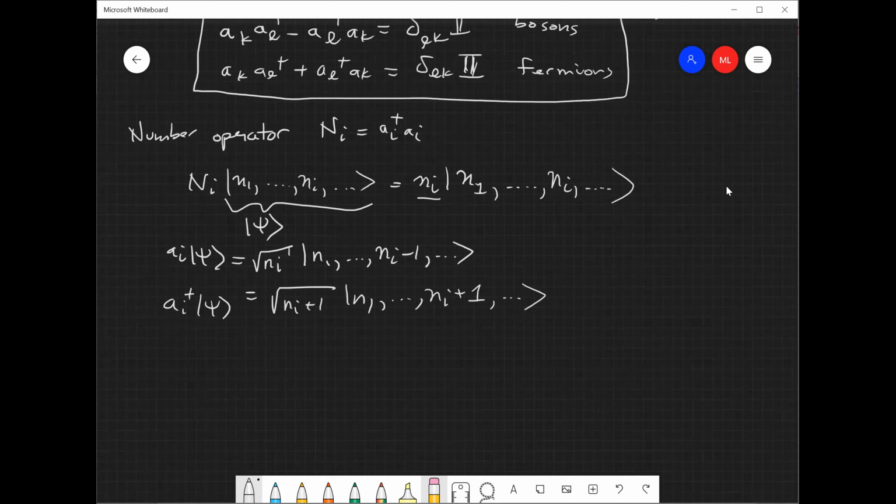And then if you want to figure out what happens, you just commute the operators around. That's the kind of thing you do with these multi-particle states in the second quantization formalism. So what do I mean? Any occupation number state I can now write as a sum over all of the different occupation numbers.